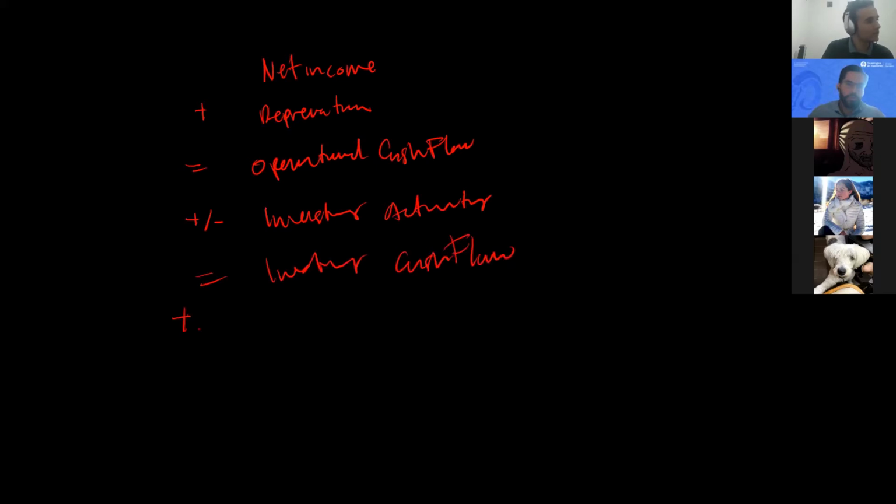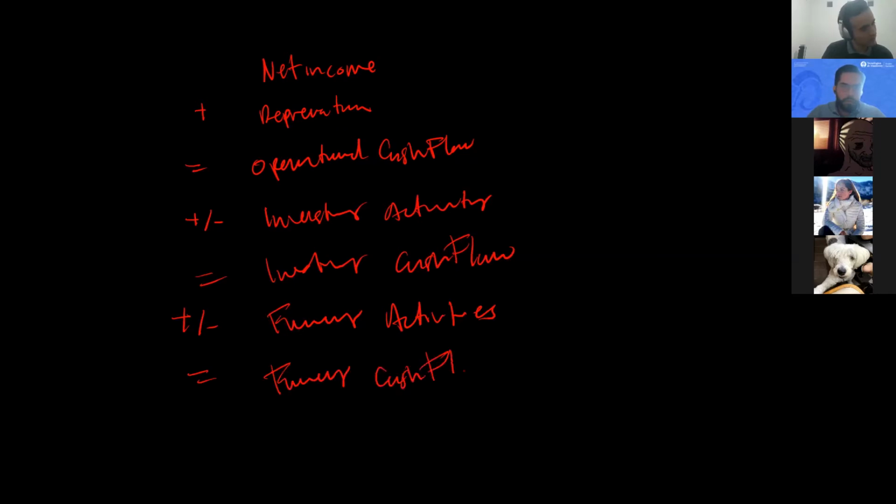From here you add or subtract your financing activities. This will give you your financing cash flow. You add this, and then you get your cash flow of the period.